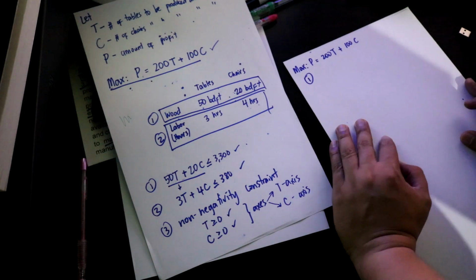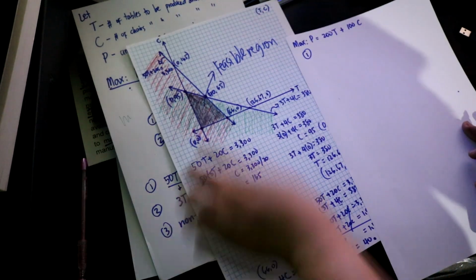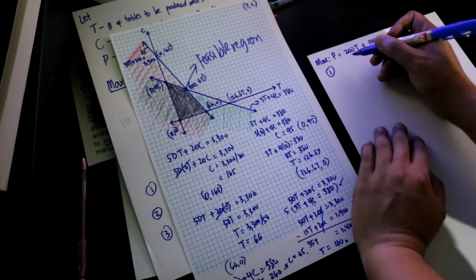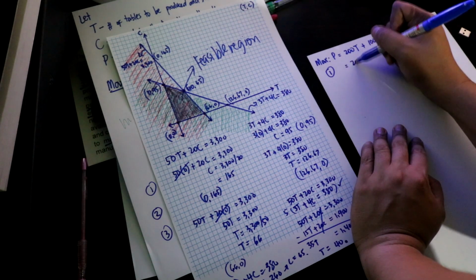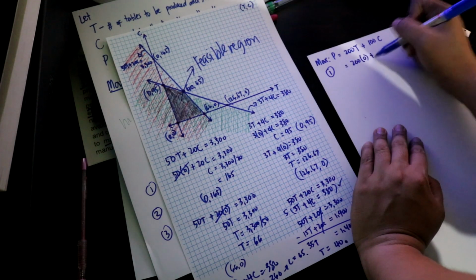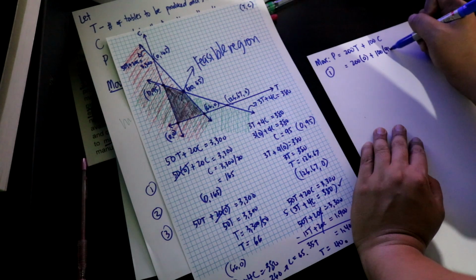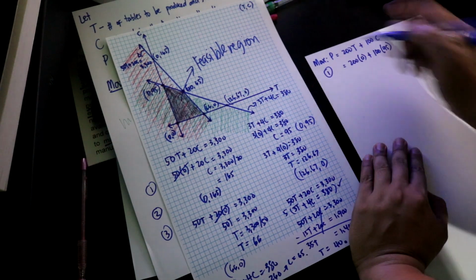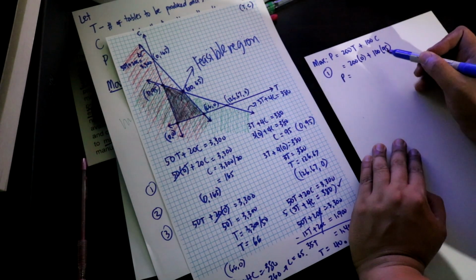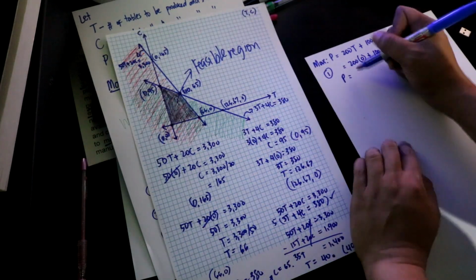First one, let's try 0, 95. So 200 times 0 plus 100 times 95. Profit would be equal to 100 times 95. That's 9,500.